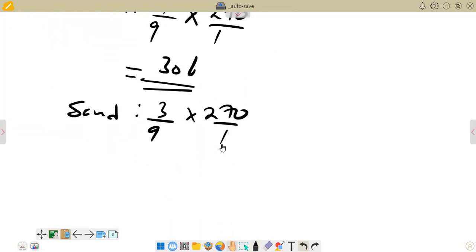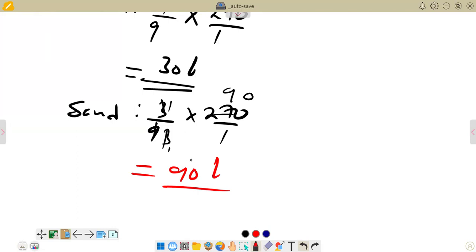If you want to simplify it further, 3 into 3 you get 1, and 3 into 9 you get 3. Then 3 into 270: 3 into 27 you get 9, and here you get 0. So the answer becomes 90 liters. This is what we have in terms of the calculation of sand.